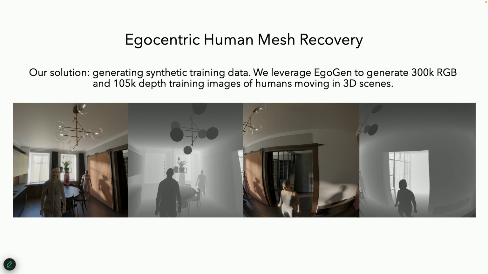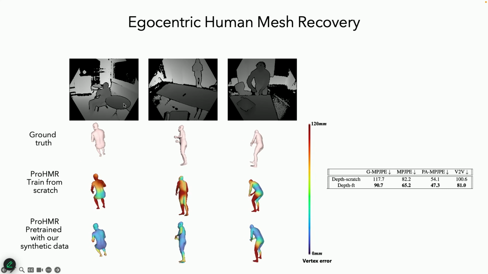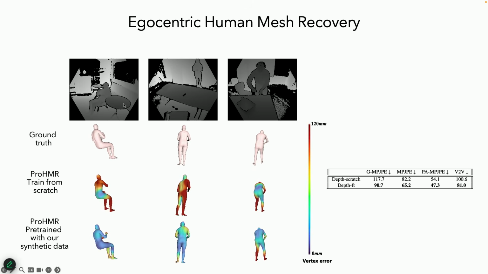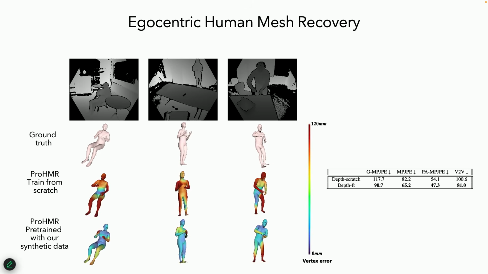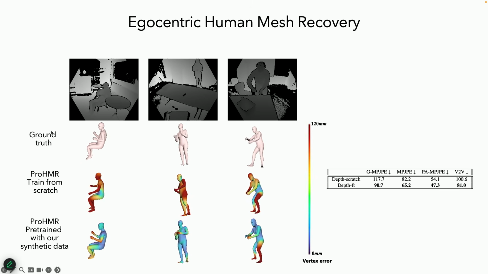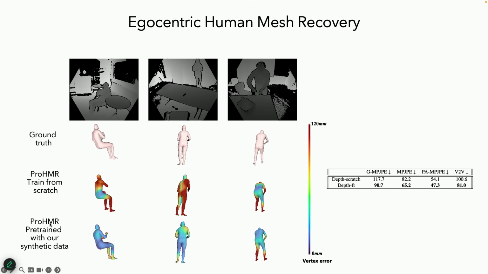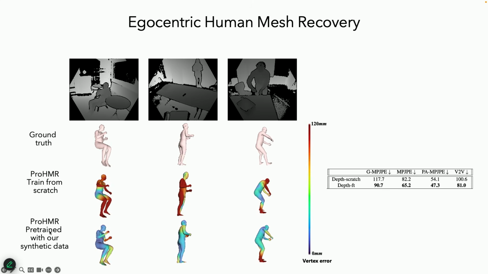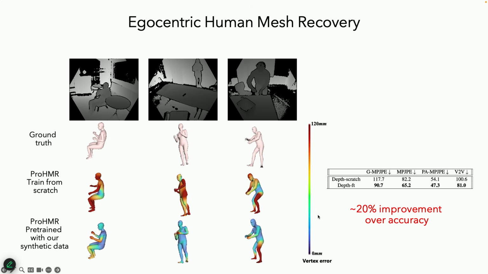So we create 300K RGB and 105K depth training images of humans moving in 3D environments. We don't see a huge improvement on the RGB estimation, but if the input is depth and the output is a 3D human body, then for example, the baseline pre-trained at that time was state of the art, and pre-training with our synthetic data improves the result by 20%.